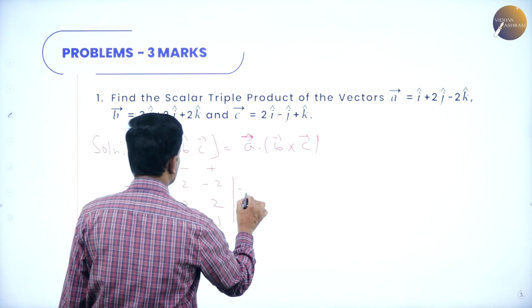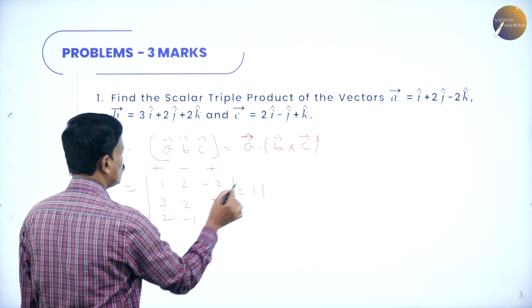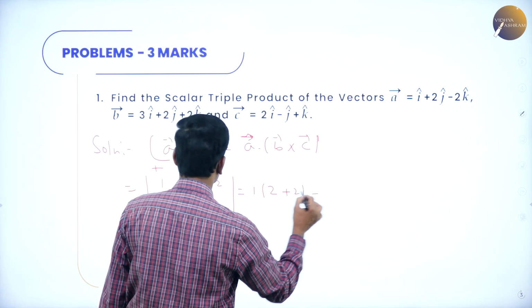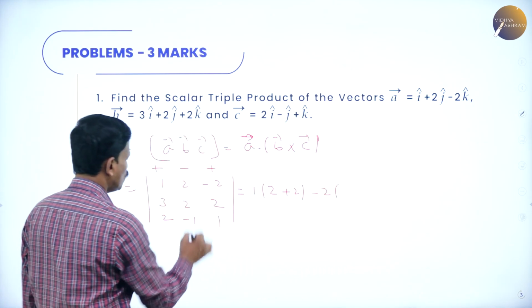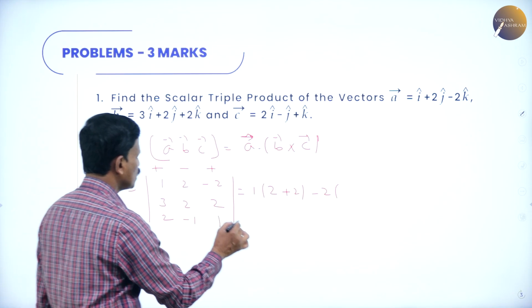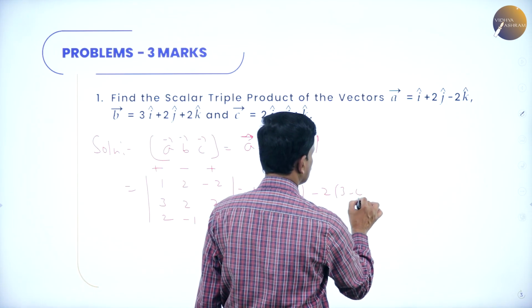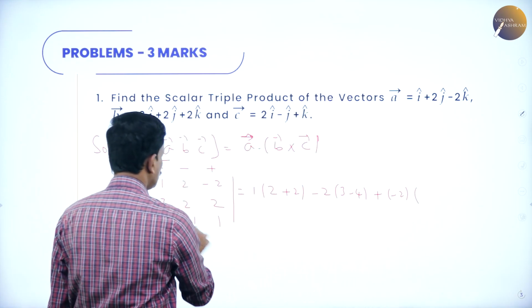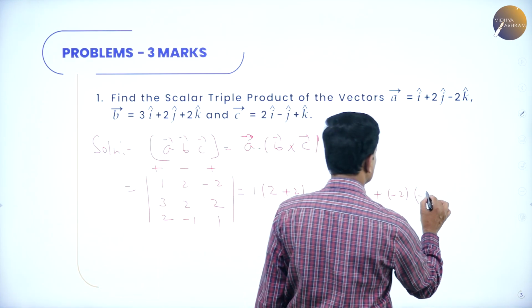This is equal to 1 into, this row and column deleted, 2 ones are 2, minus into minus plus, 2 ones are 2, minus 2 into, this row and column deleted, 3 ones are 3, minus 2 twos are 4, 3 minus 4, plus minus 2 into, this row and column deleted, 3 ones are 3.